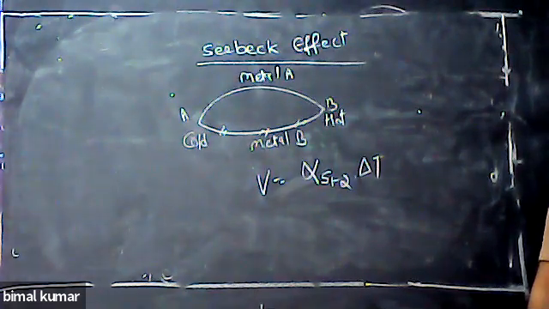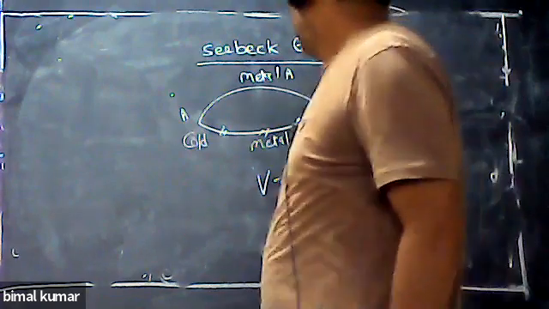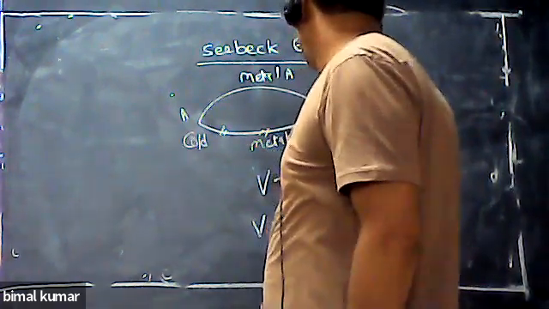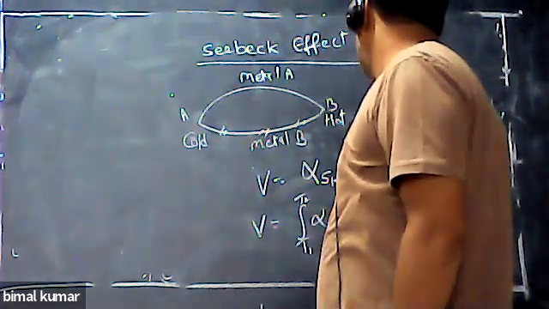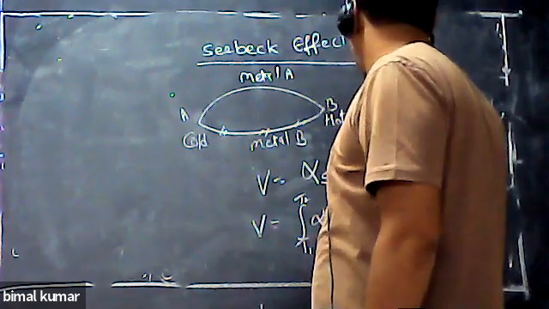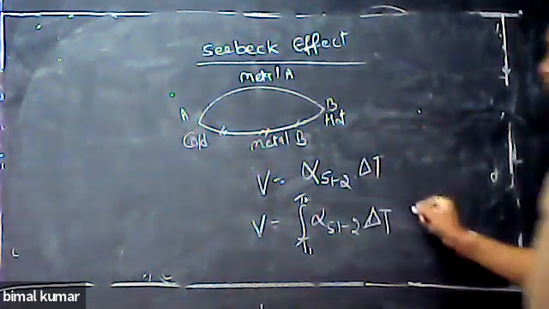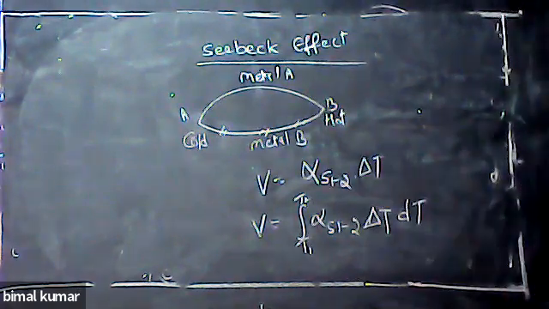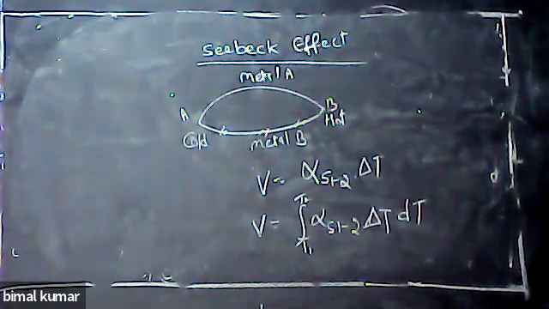So for a larger temperature difference, this equation will give you a more accurate result if I integrate it within the temperature T1 to T2, where T1 is the temperature of the cold junction and T2 is the temperature of the hot junction, right?